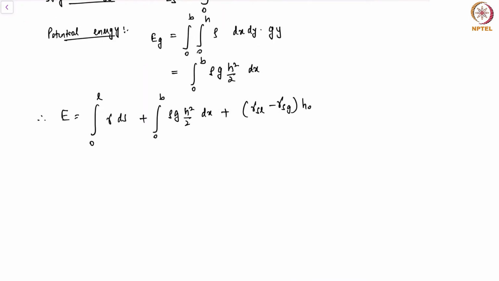If this is my meniscus and the angle is theta, then going across these two points, this quantity will be minus delta h and this will be plus delta x, whereas this is ds.